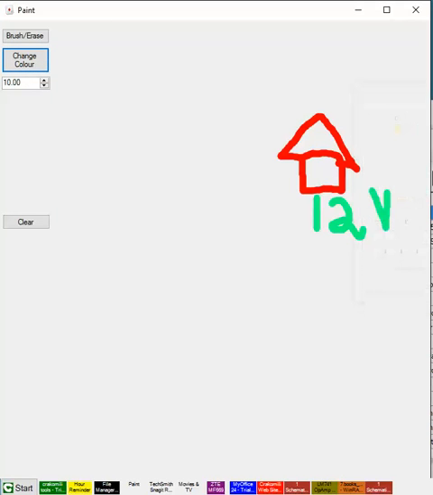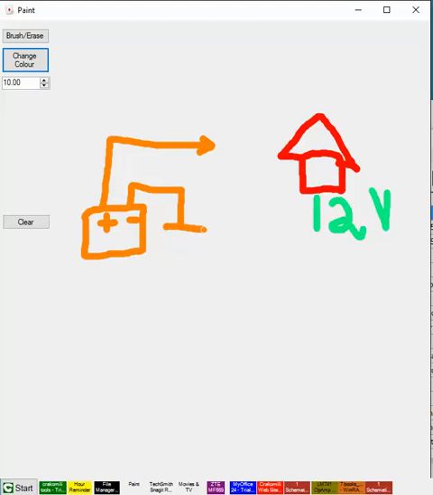I will draw a small battery over here that will get into order whenever the supply voltage of this home falls. It can fall for various reasons. Maybe the battery is too low. Maybe the transformer had a short circuit.